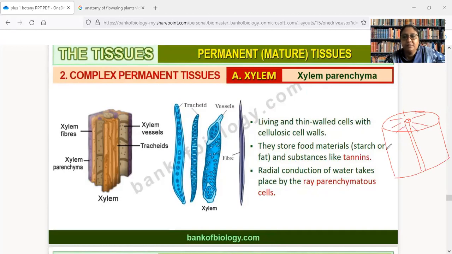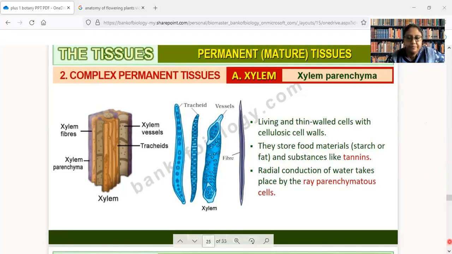So ray parenchyma cells help in the transportation of water in the radial direction. That means in all directions considering the center, along with the other components of xylem. Okay, so that's all about xylem.